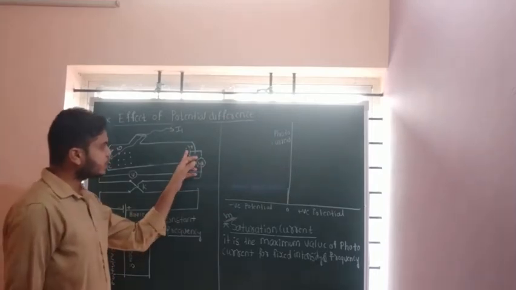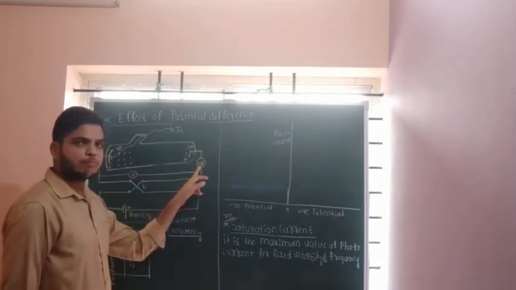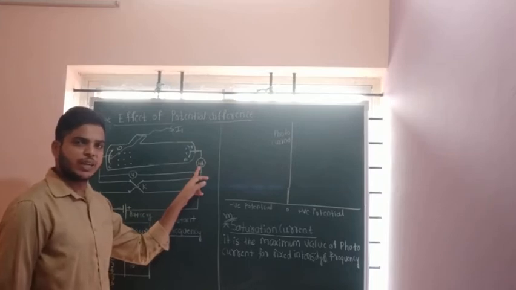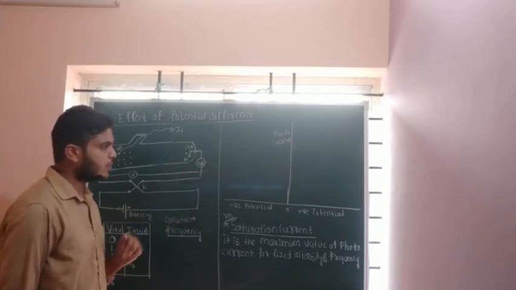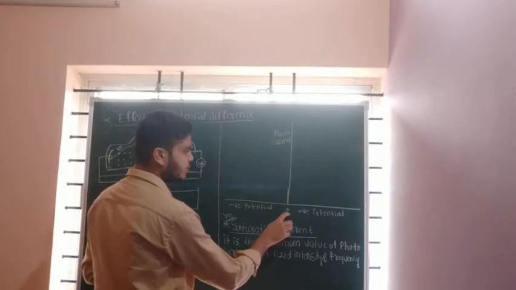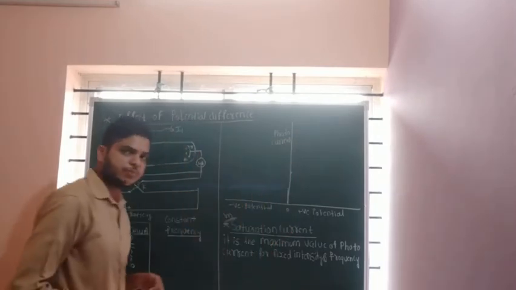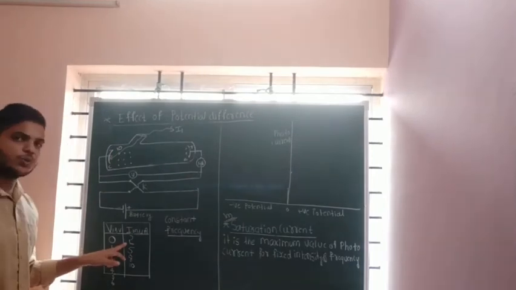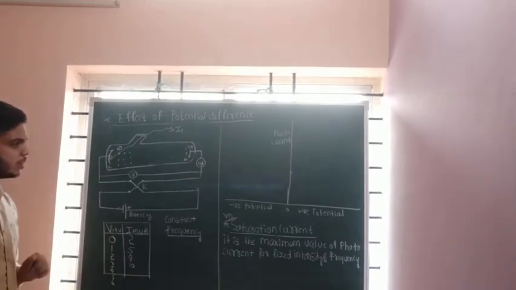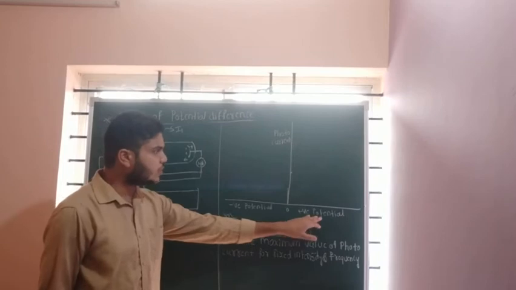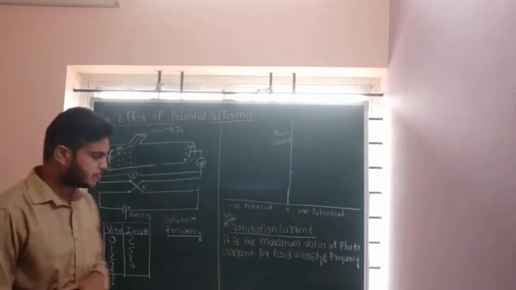When they reach the collector, they flow through the microammeter. Therefore, we get a small photocurrent. Initially, when the potential difference is 0, we get a very small current, up to 2 microampere. This is the graph of potential difference versus photocurrent.